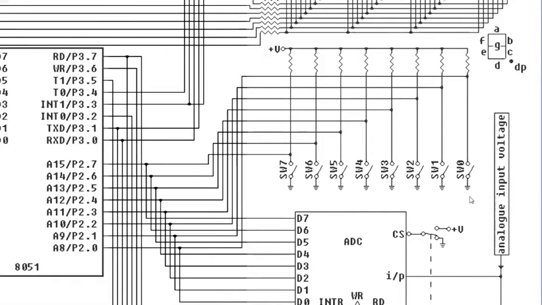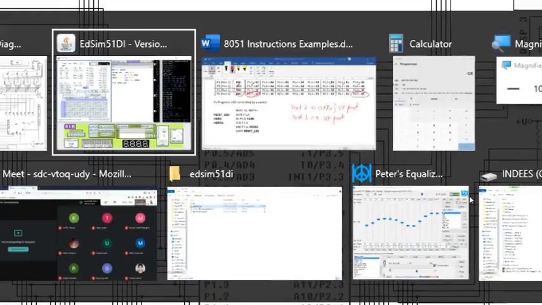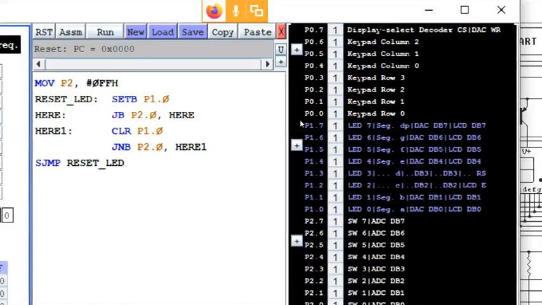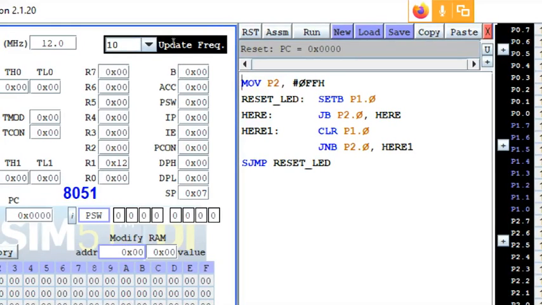So this is why we have used port 2 and port 1. Initially we initiated port 2 with FF, and that made port 2 an input port.